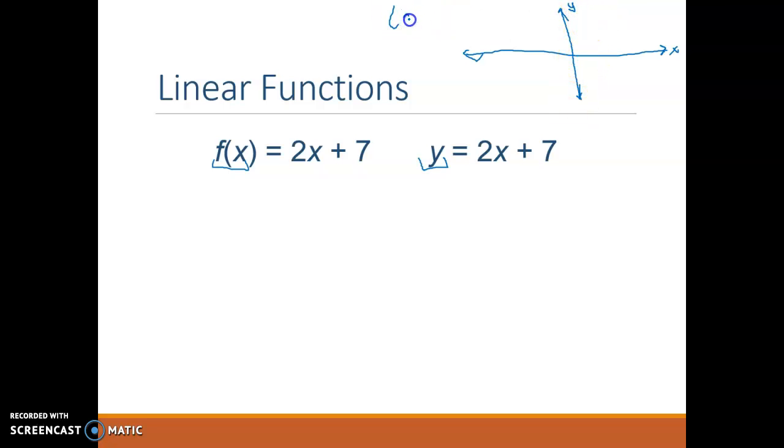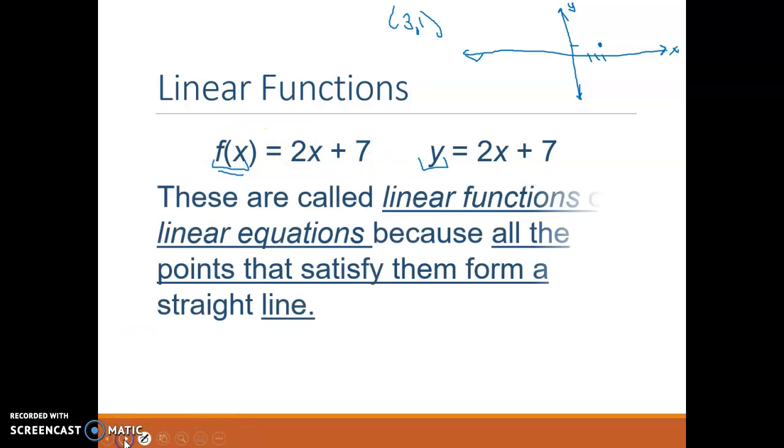So if we're plotting, for example, (3, 1), we would have to go over 3 and up 1. And this y being way over here depended on the x first of all. So y always depends on x. Y is a function of x, and that's where we get this function notation.